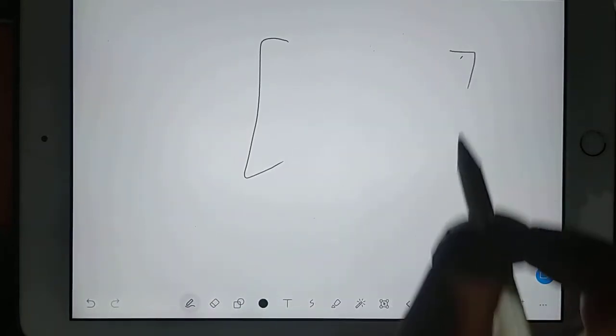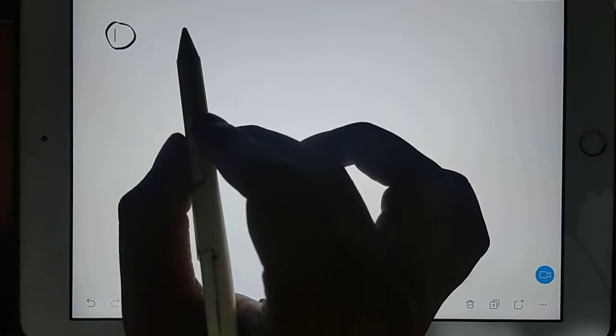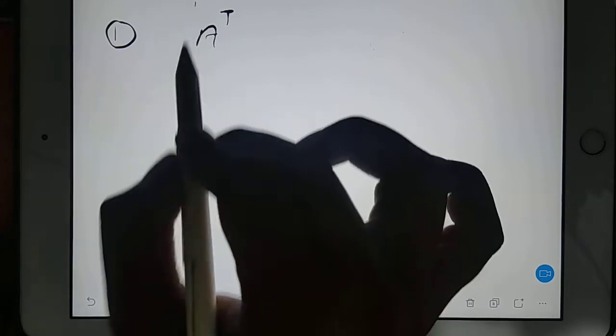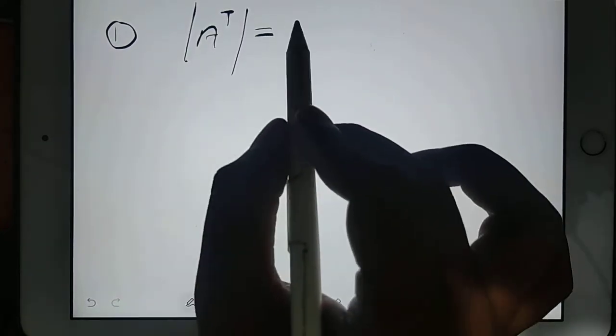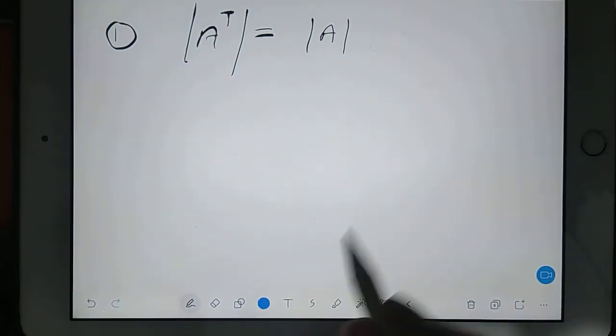Okay, now go for the properties one by one. So take down the first property. Suppose you have a matrix A. You take the transpose of the matrix and find the determinant of it. It is nothing but the determinant of the original matrix also. What is the logic behind this? Very simple logic.